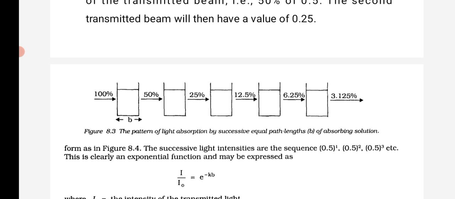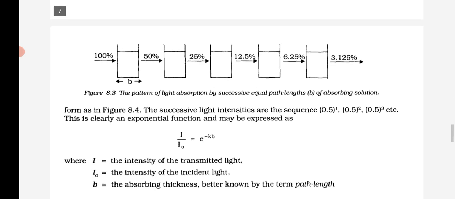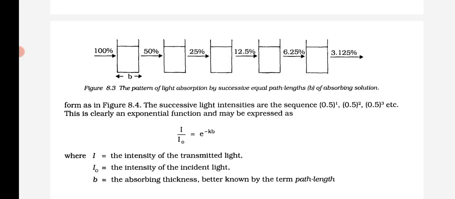Again, the transmitted light passes through the solution giving 25 percent. Next 12.5 percent, 6.25 percent, and finally 3.125 percent.